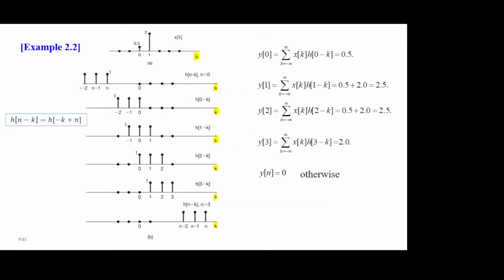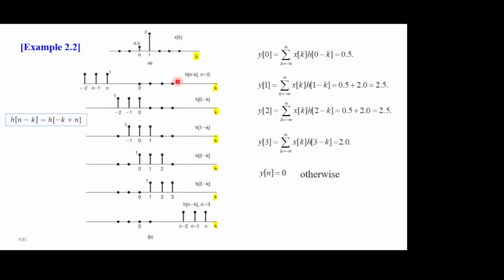So we try to plot h of n minus k as a function of k. We say k is a dummy variable that we sum over, but we can still plot it. So x of k will look like x of n, because you just change k to n.